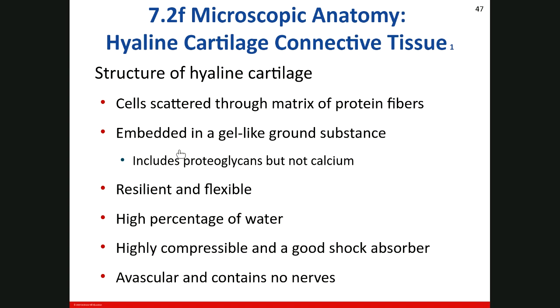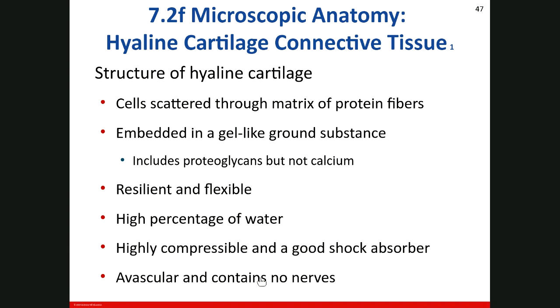And in this ground substance, we have proteoglycan, and we don't have any calcium ions. So the cartilage is semi-solid and it's not as rigid as the bone. It's resilient and flexible. It has a high percentage of water. It's highly compressible and a good shock absorber.